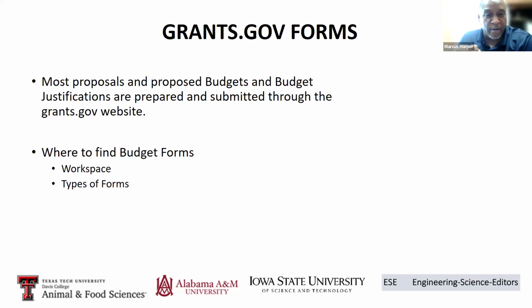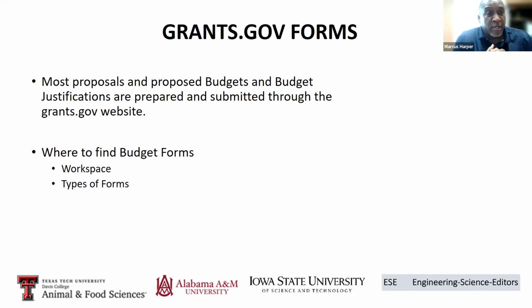Okay, so once we have completed our final proposal, once we have done everything and we're ready to input the proposal into the system, that system is usually going to be grants.gov for USDA. Mostly all proposals and all proposed budgets and justifications have to be prepared and submitted through the grants.gov website.